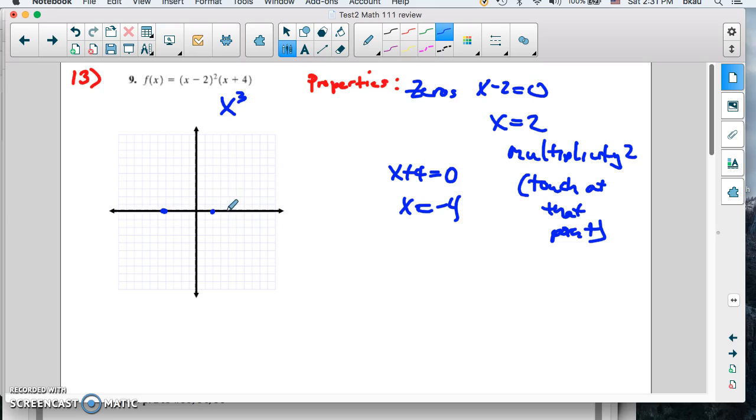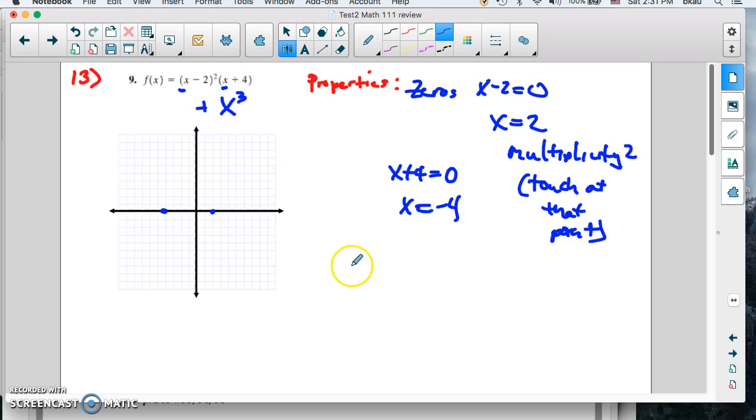Now this is going to be an increasing function overall because the x to the third power, if we were to multiply this out, the x to the third is positive here because we have a positive here and a positive here. So this function is going to increase, then go back down, touch this one, and then go back up. So that's what it should look like overall.